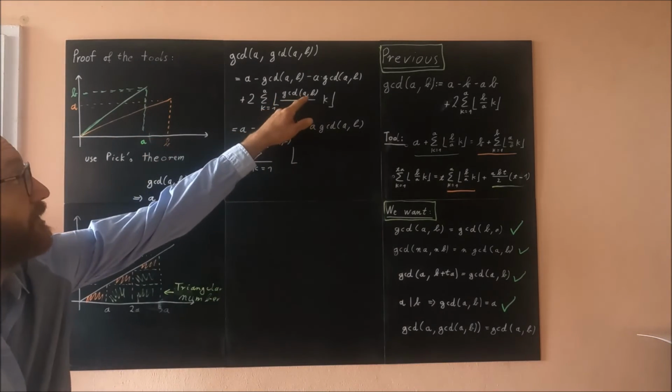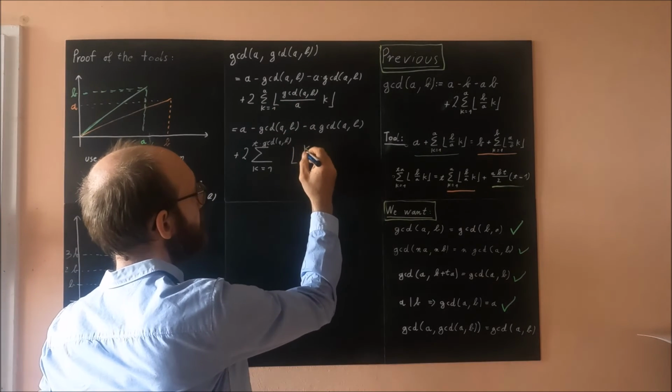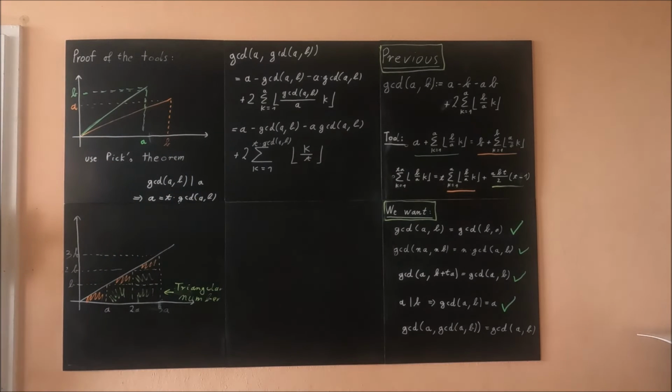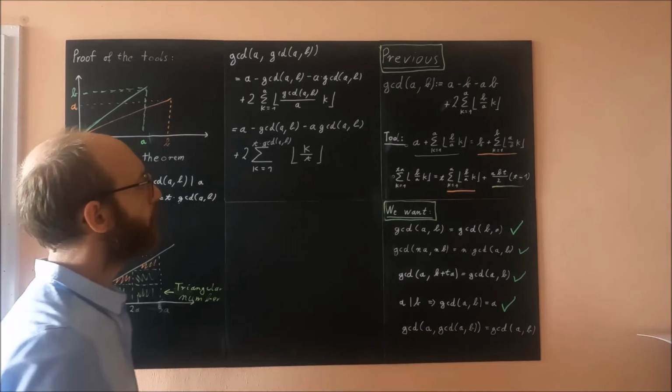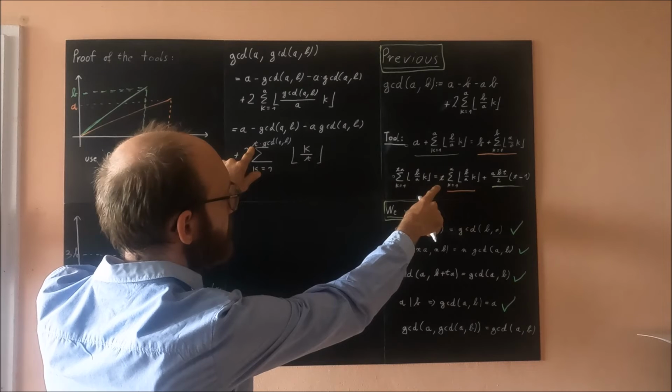So GCD of a, b over a is 1 over t. So we have k over t. Alright? Why do we do this? Now we can make use of our property here.